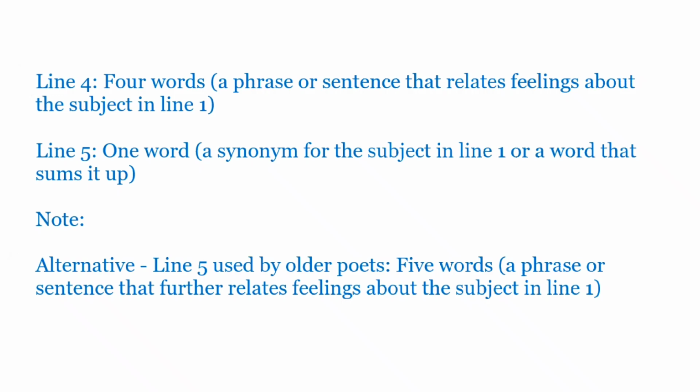But take note, there is an alternative way in writing line 5 being used by older poets that is composed of 5 words. It could be a phrase or a sentence that further relates feelings about the subject in line 1.